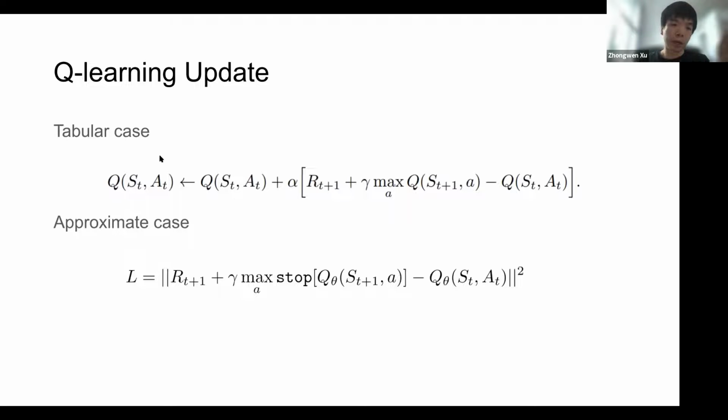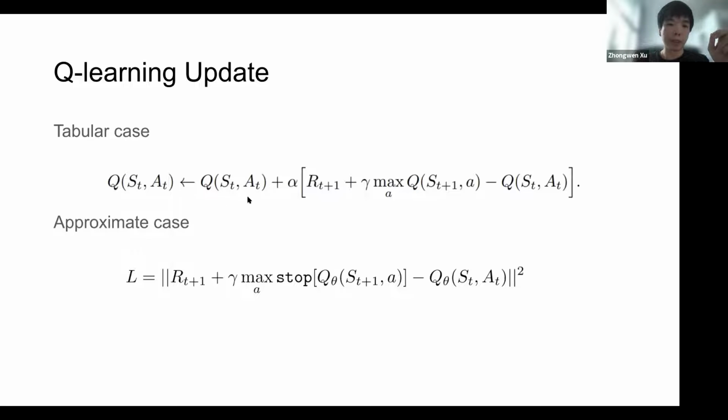They are called tabular environments, which means each state is really discrete, and you can even name or number the state. For example, in the exploitation case, there are different slots, and each slot is a state.